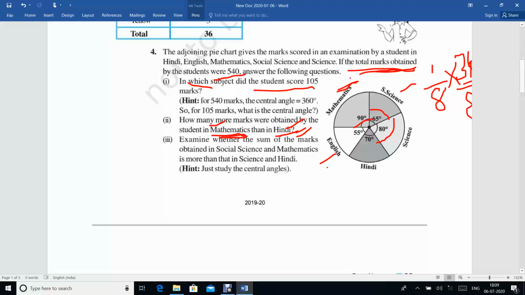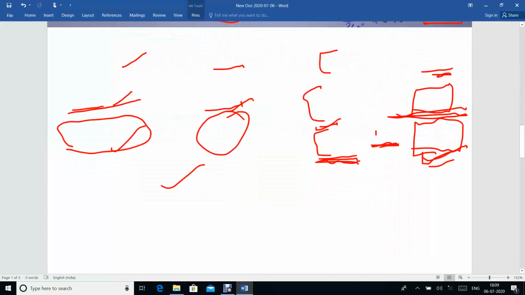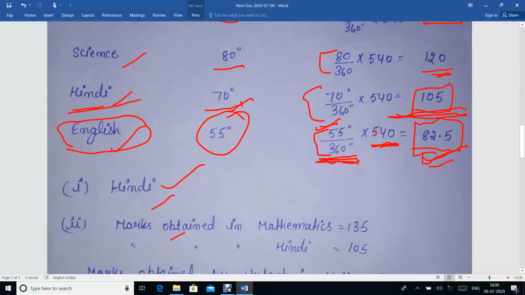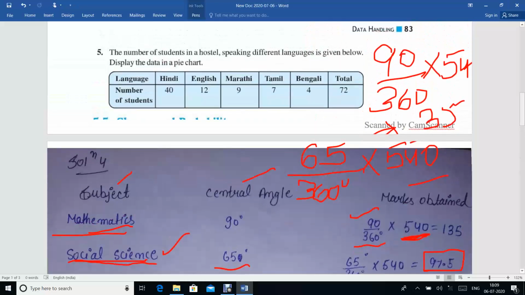So see the table which you have made, and in this table you have to observe the marks of mathematics and the marks of Hindi. The marks of Hindi are 105, and for mathematics he got 135 marks.